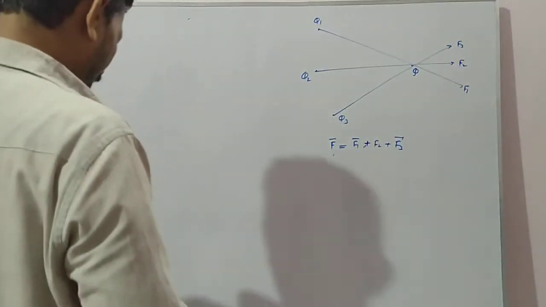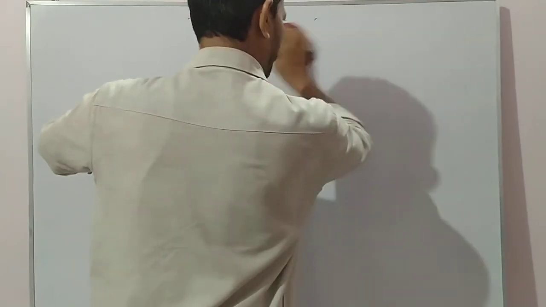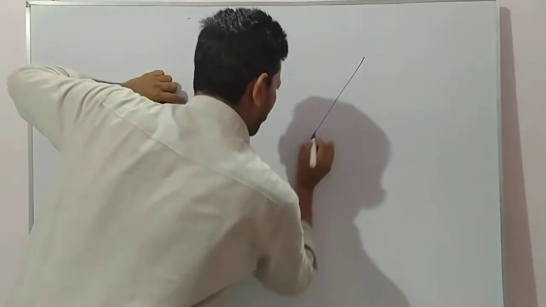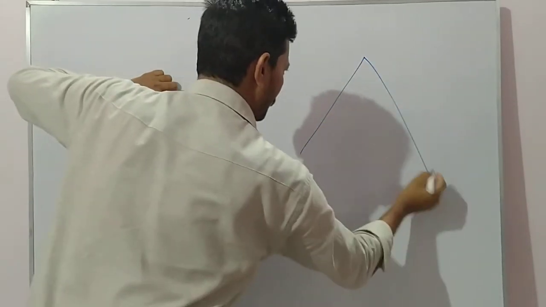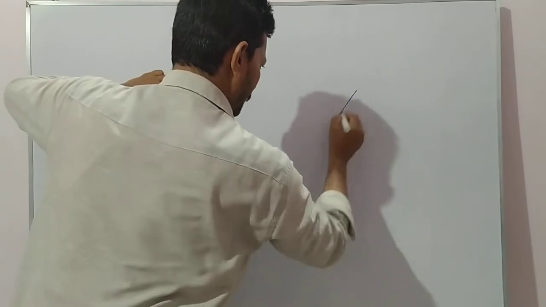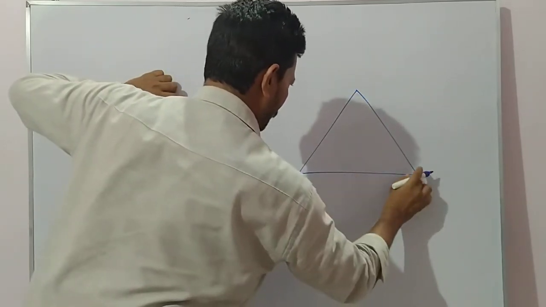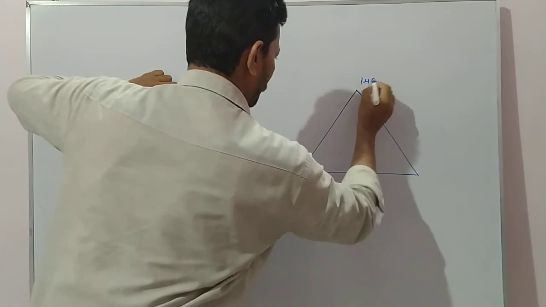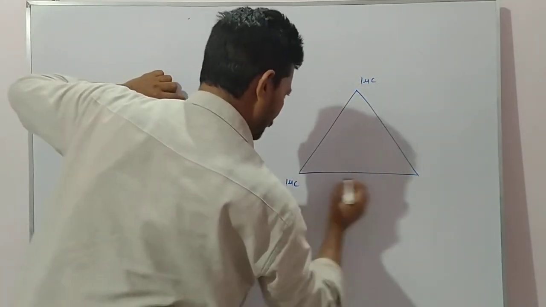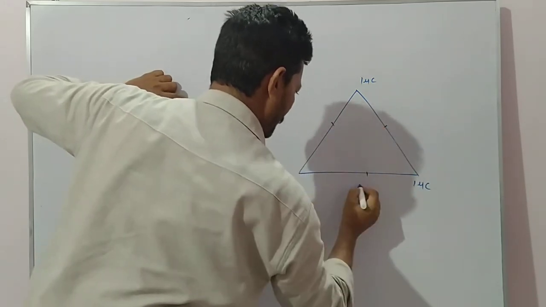Now, the first numerical I will tell. See here. Suppose there are three charges of 1 microcoulomb each, separated by a distance of 10 centimeter.